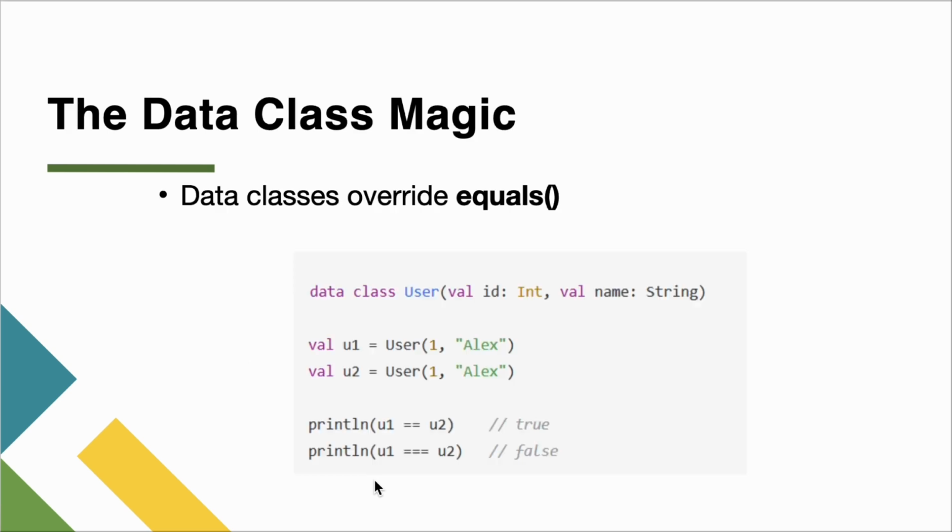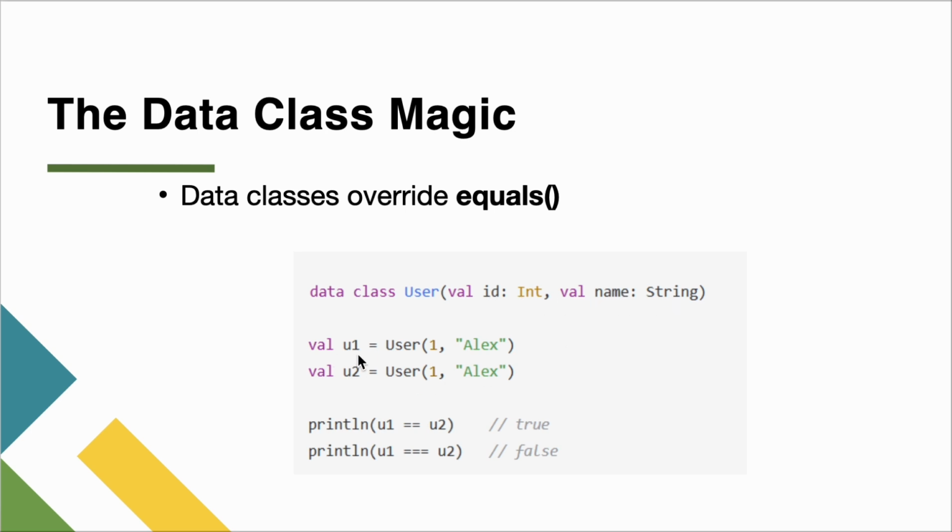Now let's go and see the data class magic. Let's bring the data class. Data classes come with a built-in equals method, as I've mentioned earlier. That means the double equals works out of the box and compares the property values. Let's say this is a data class User which has id as an integer value and name as a string value.